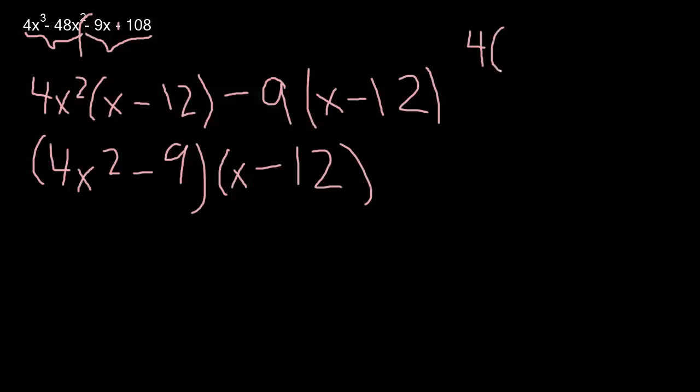So let's just say we have 4 times 3 minus, let's say, 2 times 3. So we can clearly see that 4 times 3, 12, minus 2 times 3, 6, would just be 6.